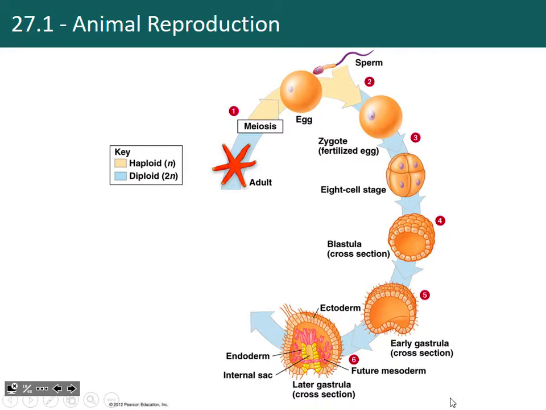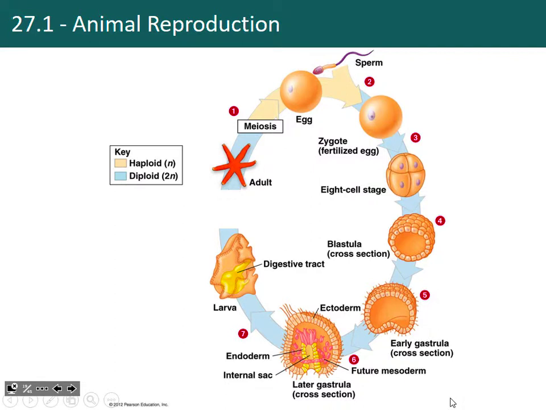This is our basic development that all animals go through. This gastrulation process and the formation of the gastrula is where we begin to create the digestive cavity. And so this little loop here that gets pushed in is ultimately going to become where digestion occurs. Okay.